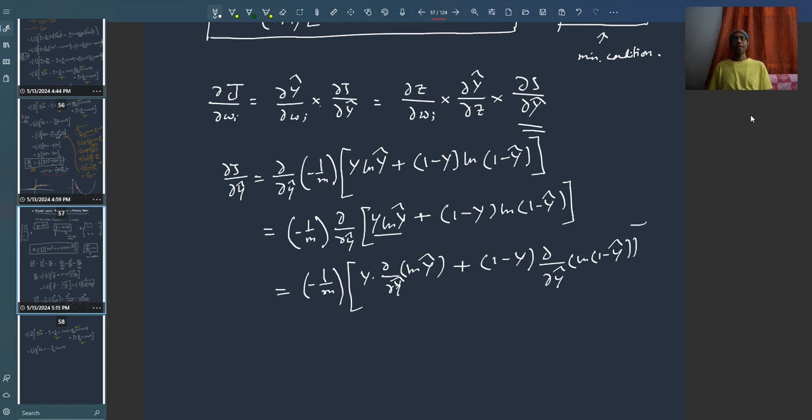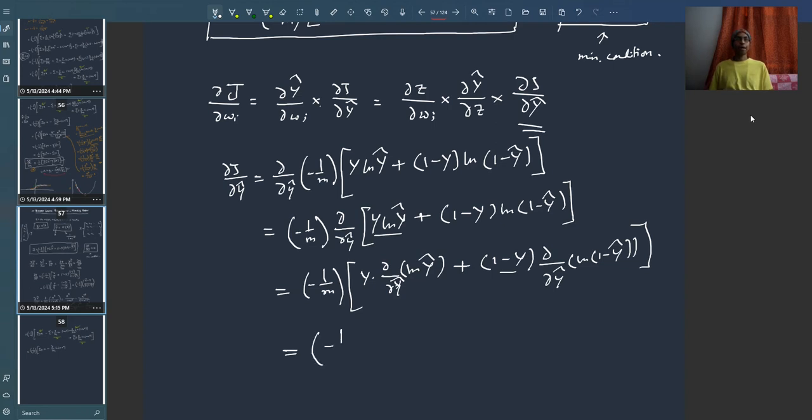Because 1 is constant and y with respect to partial differentiation by y hat gives nothing, it behaves like a constant. So these are the two expressions that we are left with.